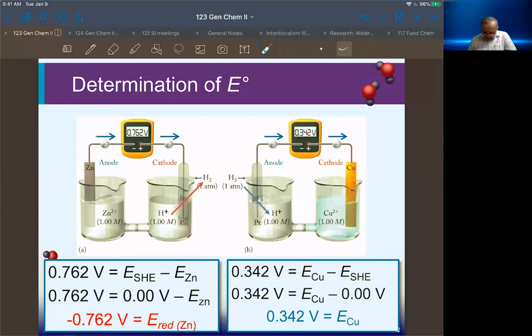Okay, so reduction minus oxidation. Oxidation is going to be the hydrogen, which is 0. That means that this voltage that we read here is going to be the voltage for the reduction potential of copper. So notice that here we have a positive value, here we have a negative value, depending on whether the reduction potential is higher or lower than that of hydrogen.